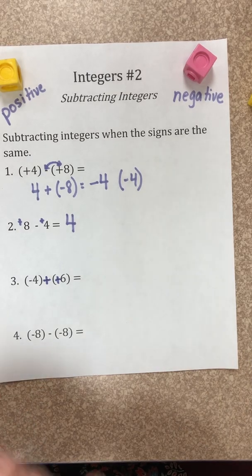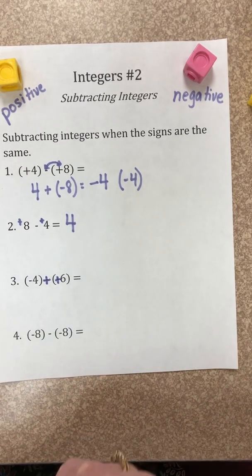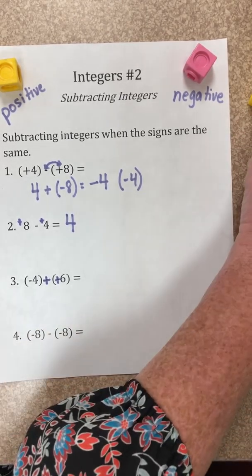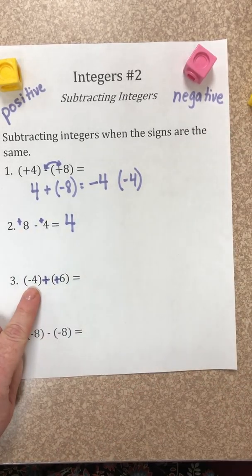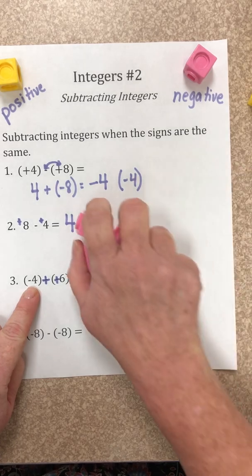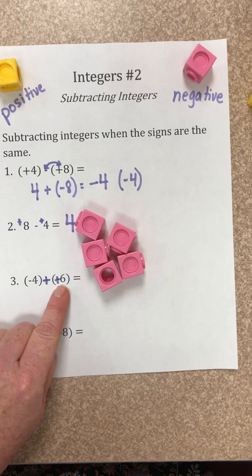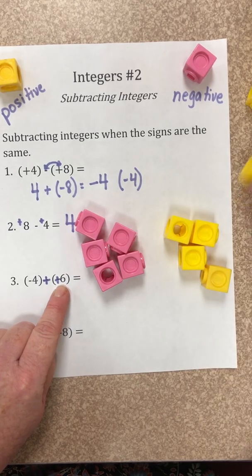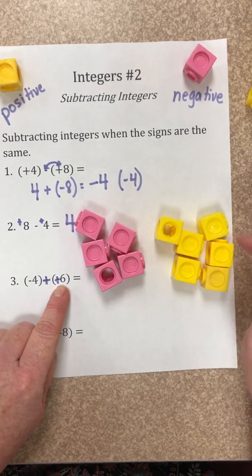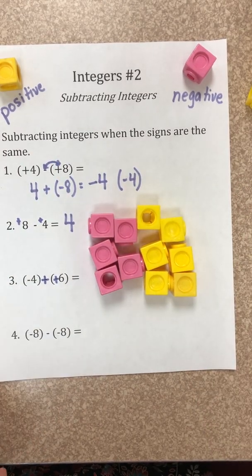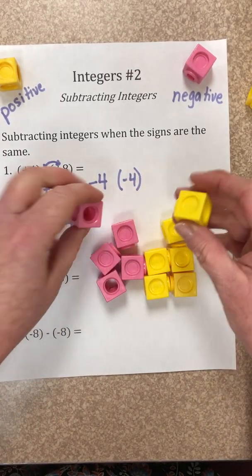So now we could use our linking cubes or whatever you have around the house that could help if you need additional support. We want negative 4, so that would be 4 pink. And this is now a positive 6, so we need 6 yellow. 1, 2, 3, 4, 5, 6. So when we put them all together, because that's what add means, we're going to pair up our different colors.